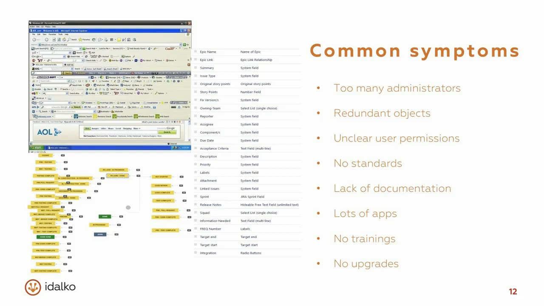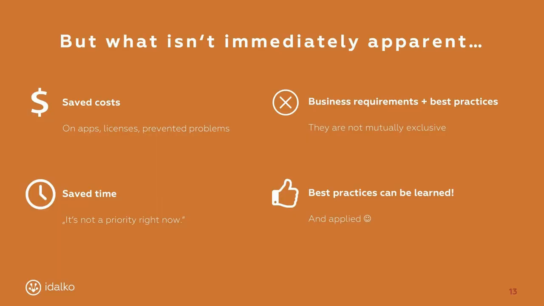Now, what might not be apparent immediately is that there is a real return of investment if you use governance. Costs may be saved on, let's say, licenses or apps. Time can be saved adjusting clumsy workflows, simplifying complex setups, getting rid of complicated add-ons, things like that.